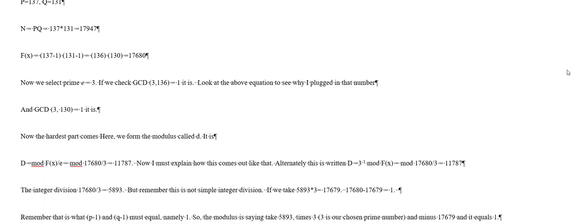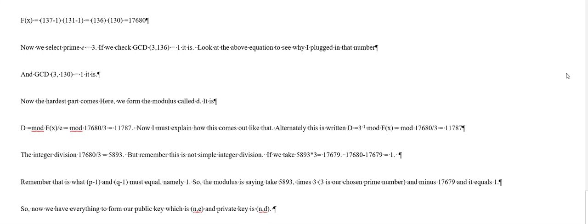But remember, this is not simple integer division. If we take 5893 times 3, we get 17,679. If we take the original value we calculated, which was 17,680 minus 17,679, the difference is 1.